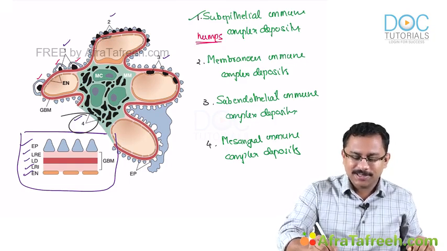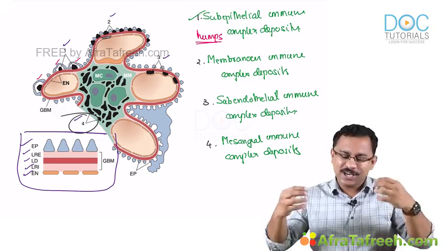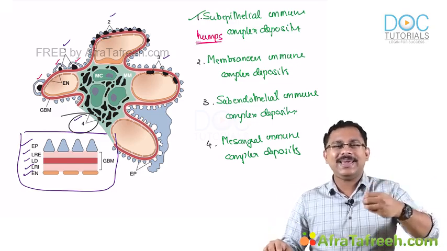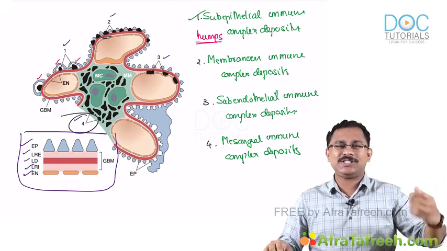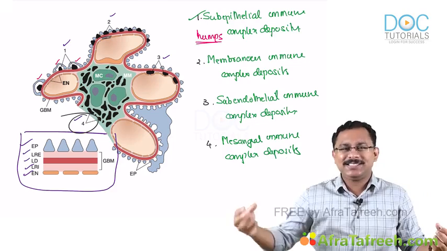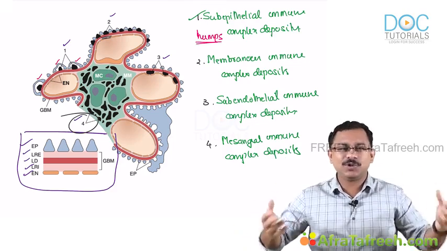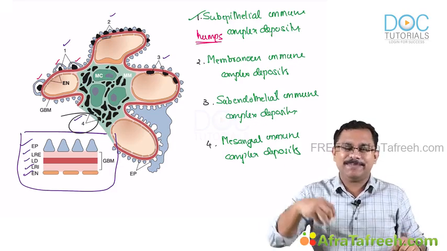Like that we will discuss individual disorders. In one disorder the deposition is membranous, in another it is mesangial, in some cases both sites. But these are the sites where the immune complexes can get deposited.